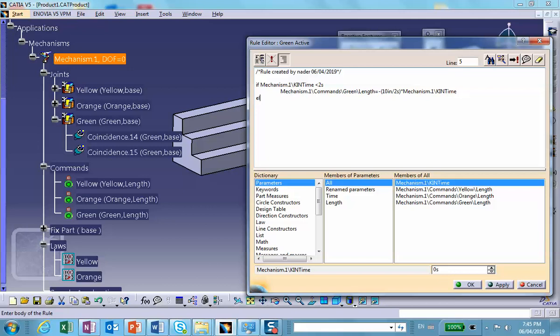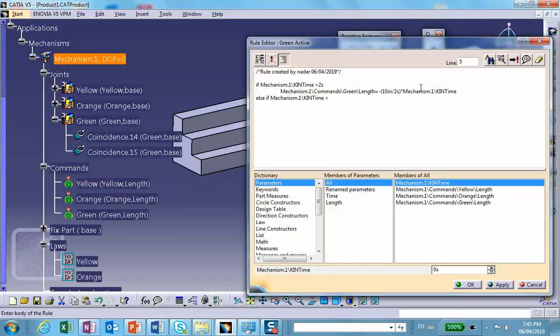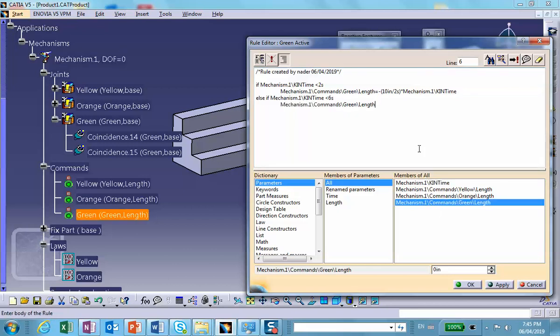Else, if time is less than, let's go to that graph again, 6 seconds, it stays there. This third one, which is the green command, is equal to minus 10 inches because it sits there.